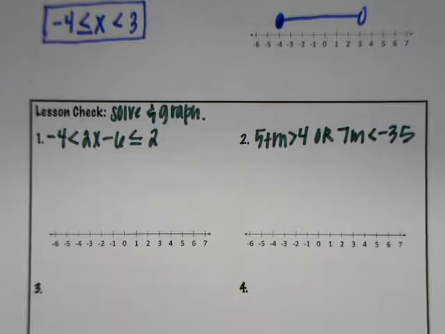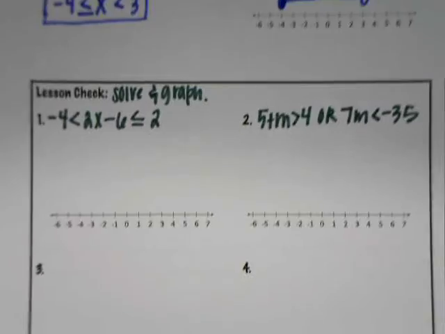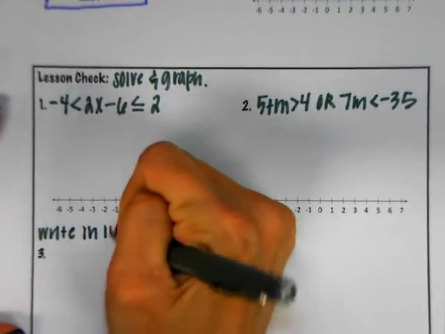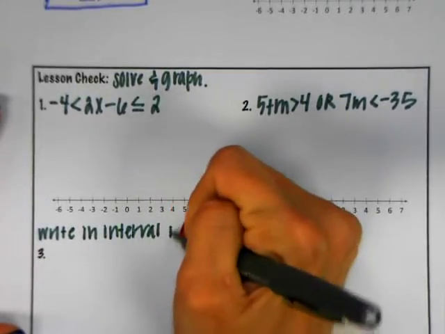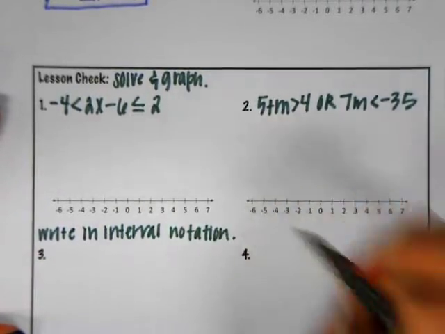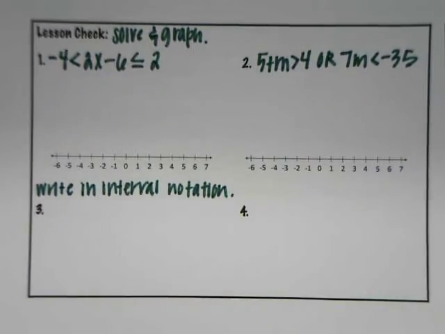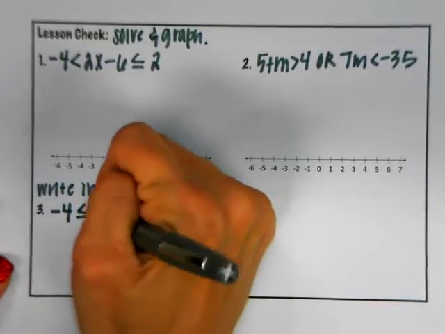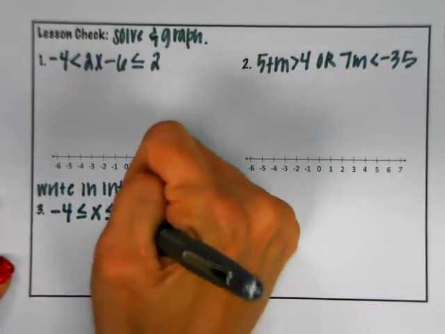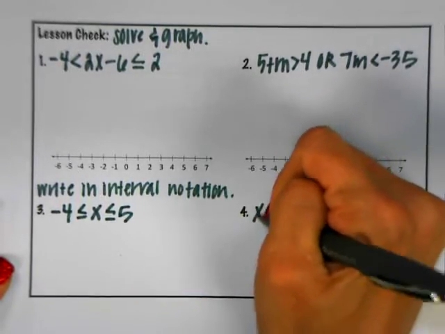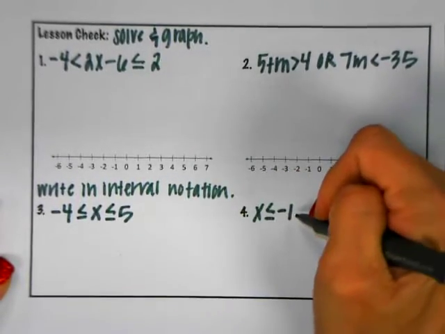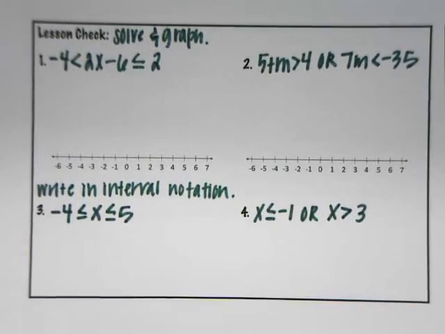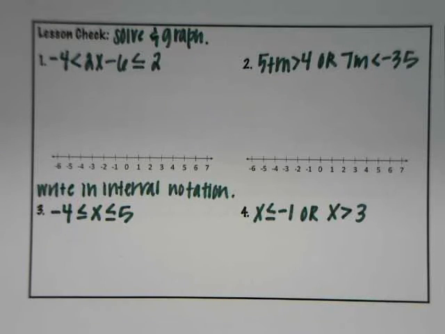Okay, so solve and graph those. And then for 3 and 4, you're writing an interval notation. Take a couple minutes on that, and then I'll put the answers up.